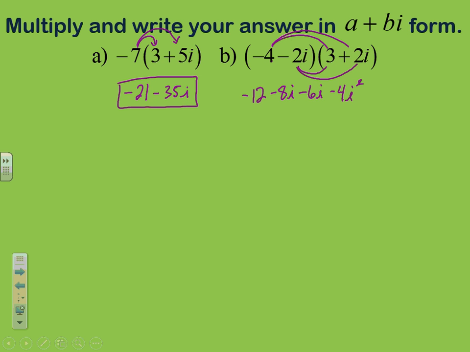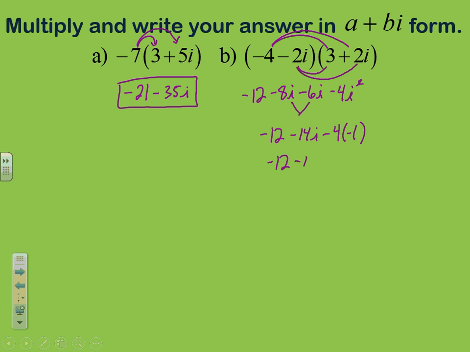Our like terms are always going to be the two in the middle with our FOIL process, and that gives me negative 12 minus 14i. And of course, anywhere we have i squared, we can replace that with a negative 1. That gives us two more like terms that we can combine.